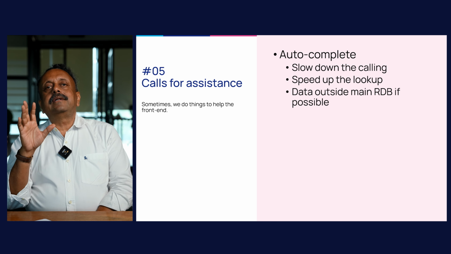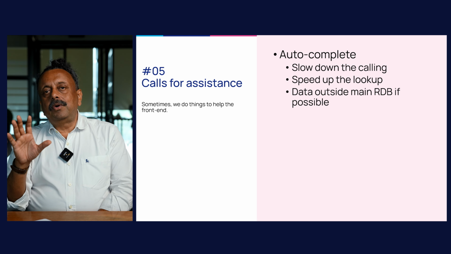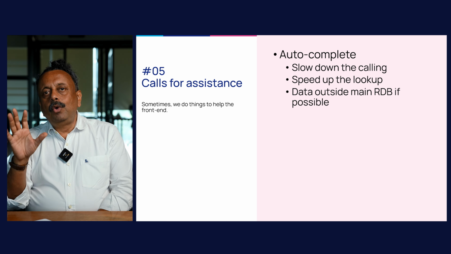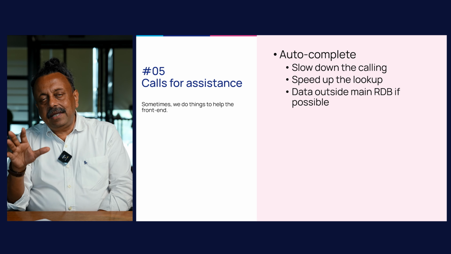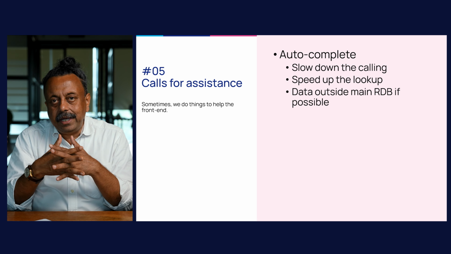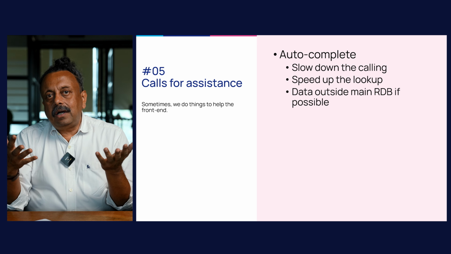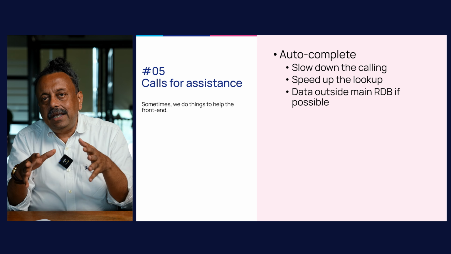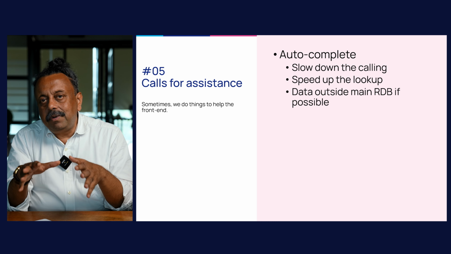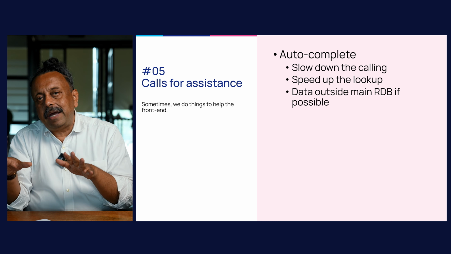Now autocomplete puts a tremendous amount of I/O load on the database. So autocompletes are very essential for making a nice, friendly, responsive UI, but they are also very difficult to implement if you implement them in a thoughtless manner.